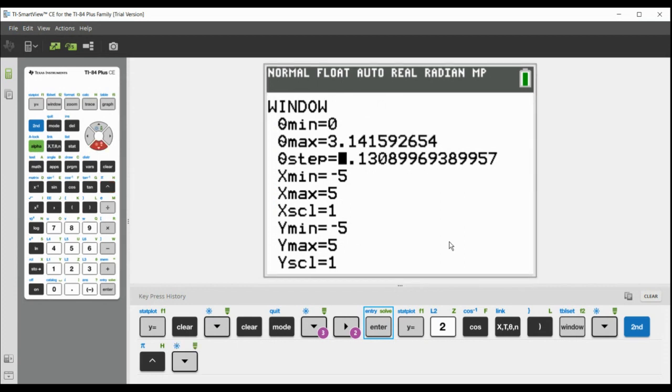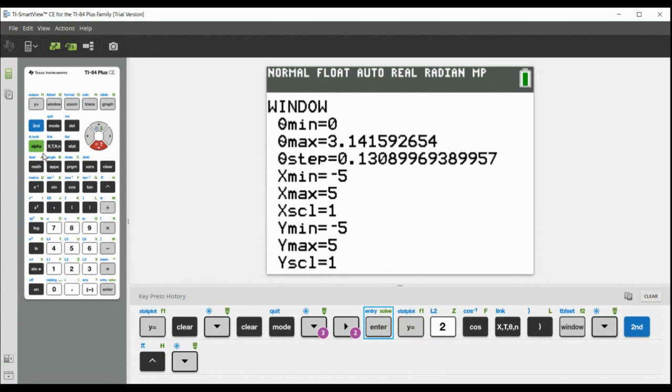And then for theta step, I normally like to think in terms of how many values do I want? So for theta step, got to be a little careful here. It needs to plot a lot of values to get a good picture.